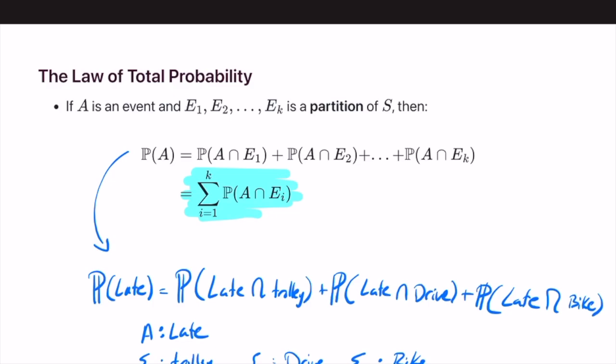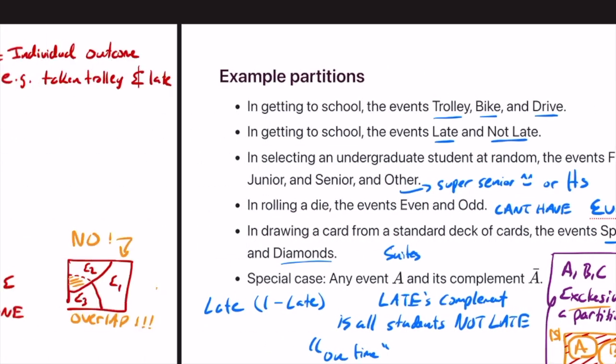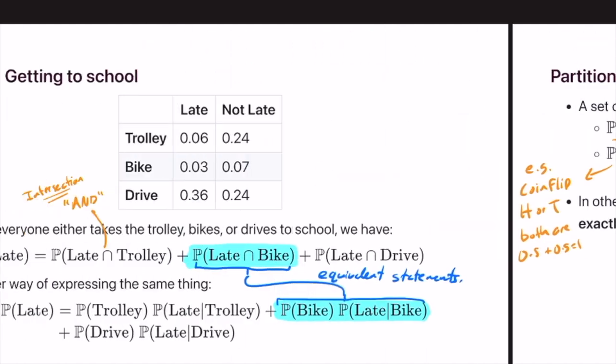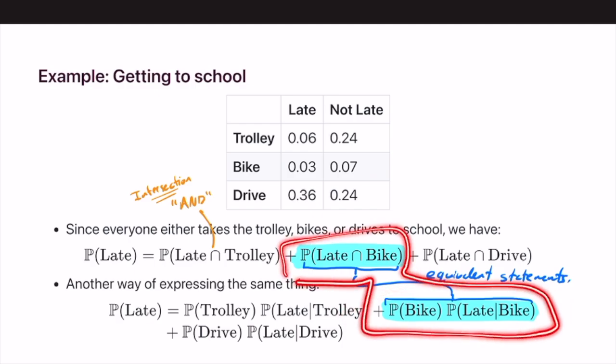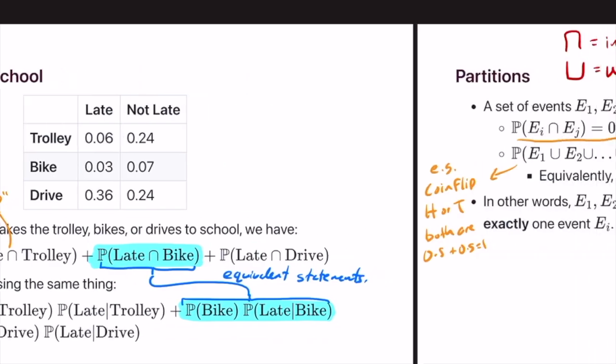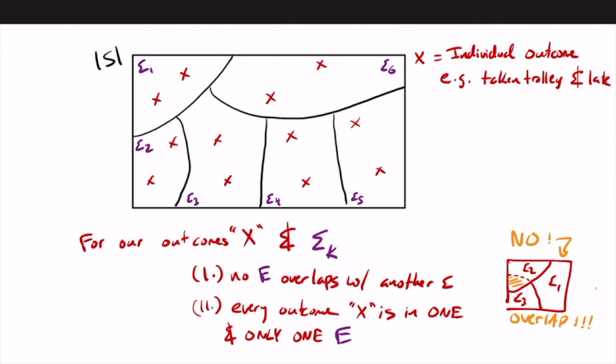Particularly, if you remember, we can take this idea of the law of total probability and rewrite things in terms of conditional probability, which is this right here. We'll see more about how this connection happens. But in the meantime, let's take this image here.